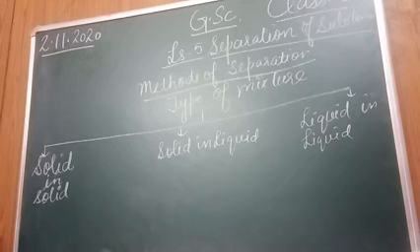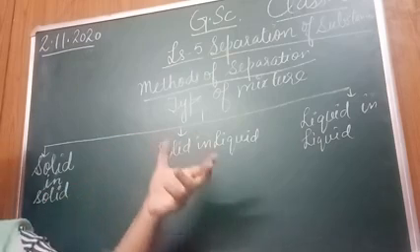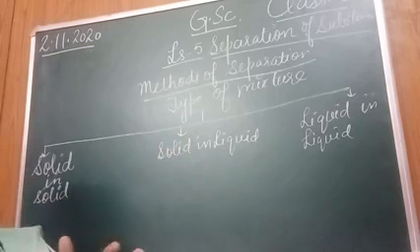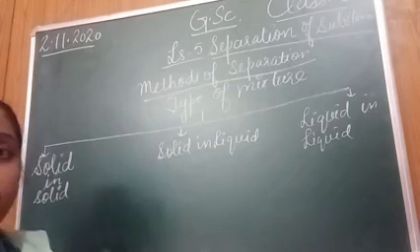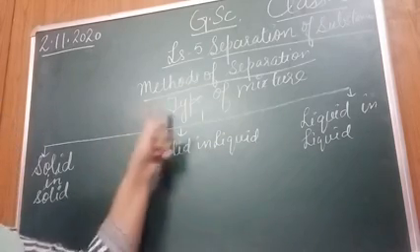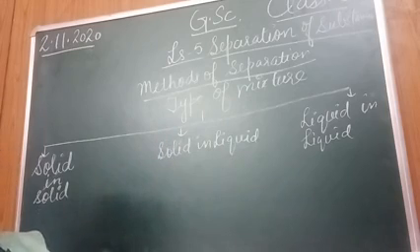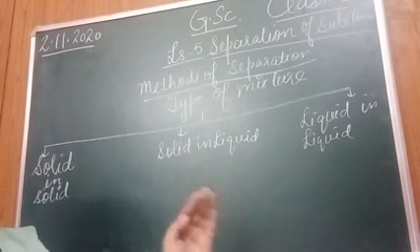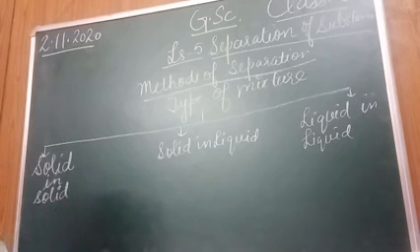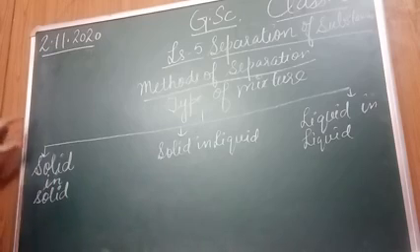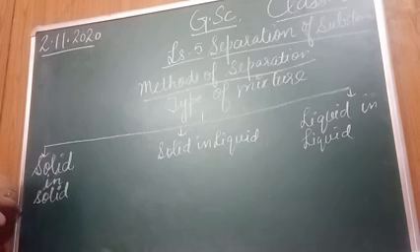Now, which are the separating processes involved? When we have to find out which method is to be used, we must know which type of mixture is there. It will be very clear to you in a short span of time. For example, if all the components are in solid form, then which methods are to be used? There are 4 methods.